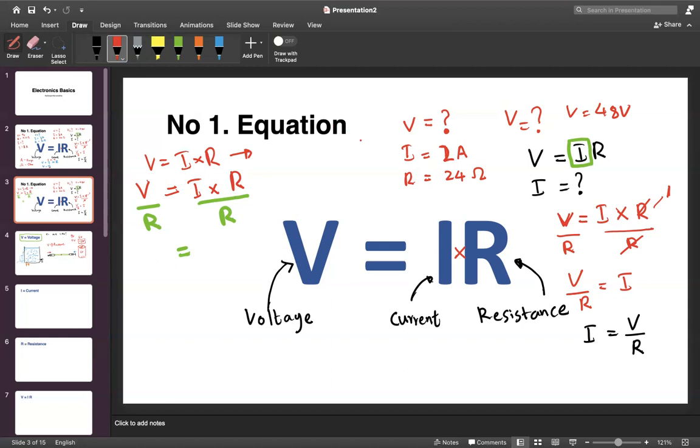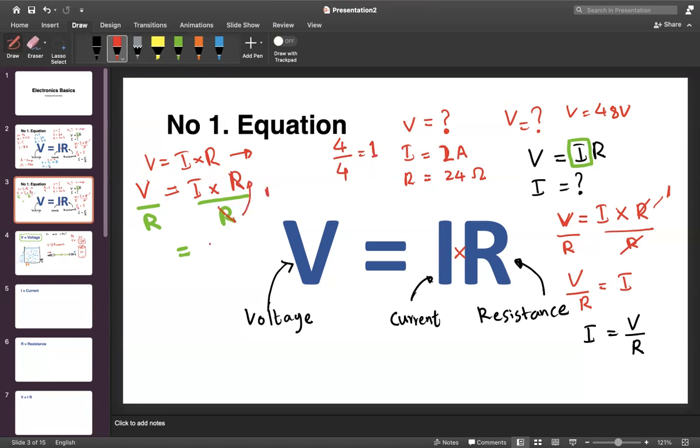Is it 0 or is it 1? 4 divided by 4 is 1, right? Yes, sir. Right. So then what happens here? R divided by R is becoming 1.